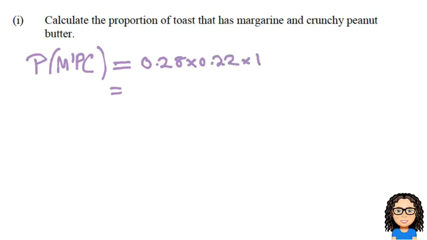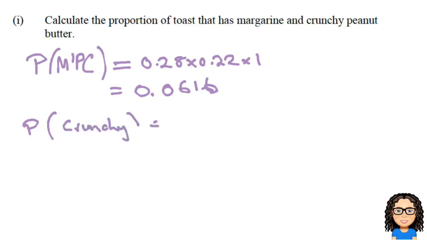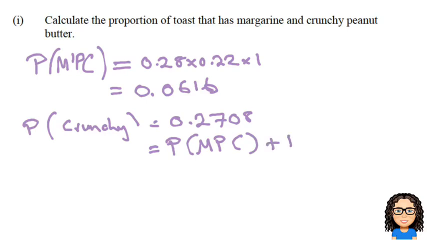That gives us a probability of 0.0616. So if I know the probability of crunchy is equal to 0.2708, then that's also equal to the probability of margarine and crunchy plus the probability of no margarine and crunchy.